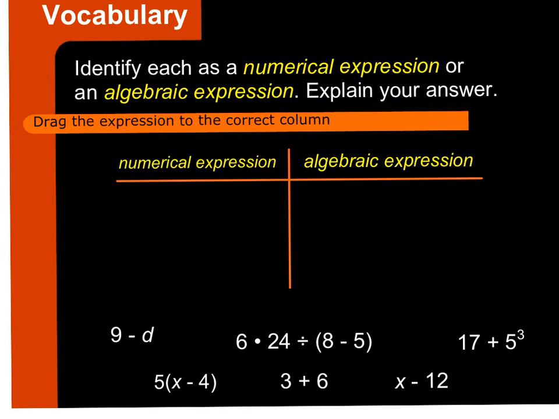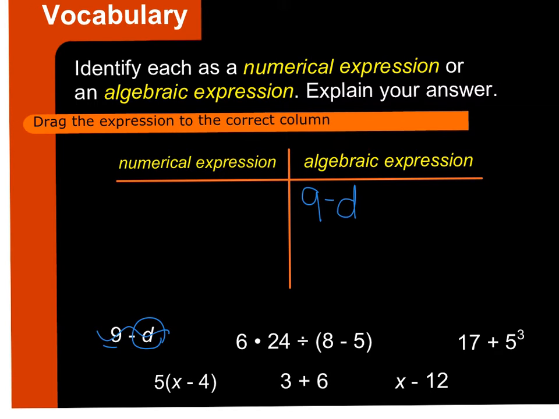If I look at the first one, it's 9 minus d. Well, I see a number, an operation symbol, and a variable. And I know that as soon as I see a variable, that tells me it's going to go under the algebraic expression. So 9 minus d.